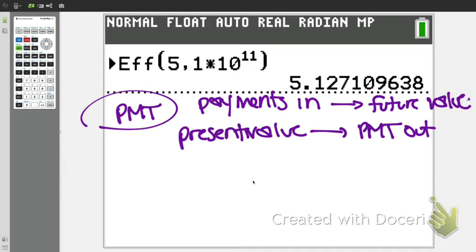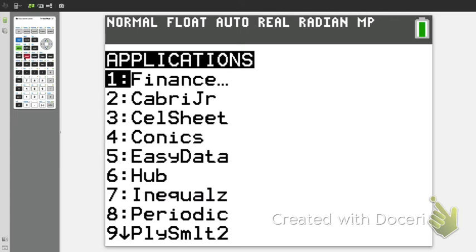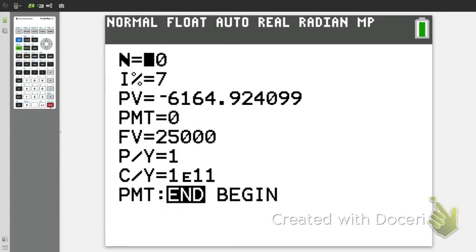So let's all read example 4, and we're going to go back into our solver to do this because we love the solver. In example 4, find the present value of an annuity of $100 per month. So when it says $100 per month, what do you think that is?